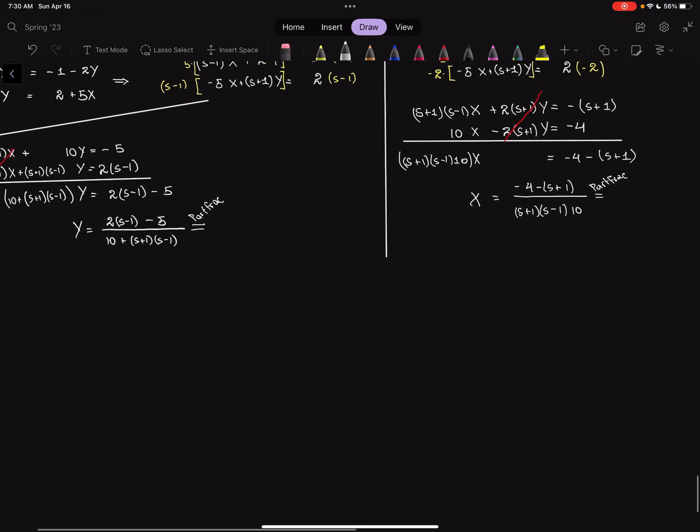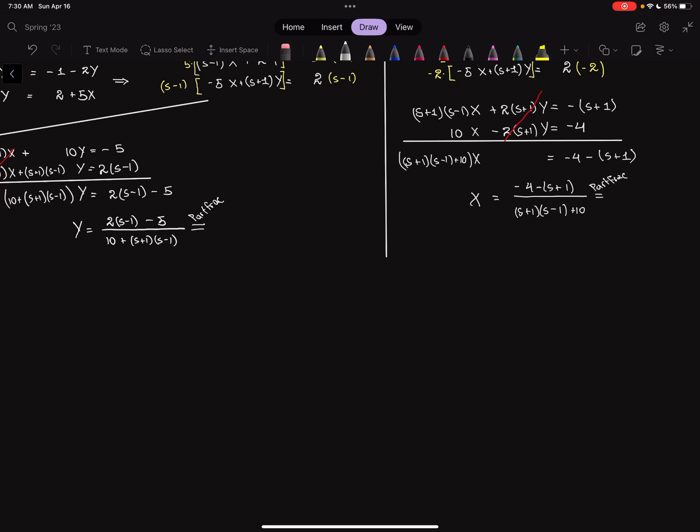These should be added together, so this should be plus 10 right here. And so the denominators are going to be the same. The numerator is going to be negative 4 minus (s plus 1). So now that we have inputted all of these things, we can press Control Enter.